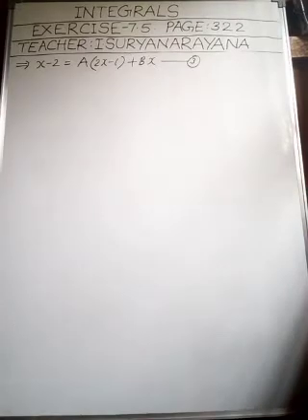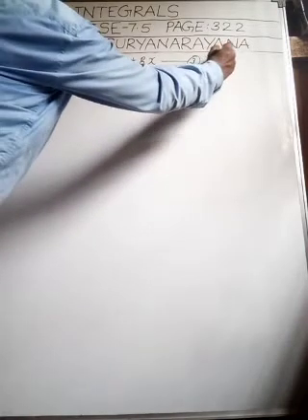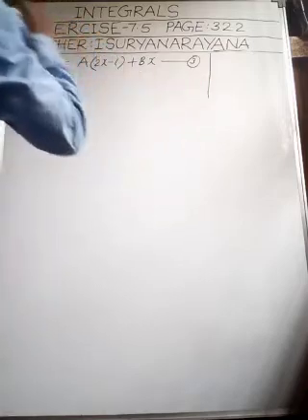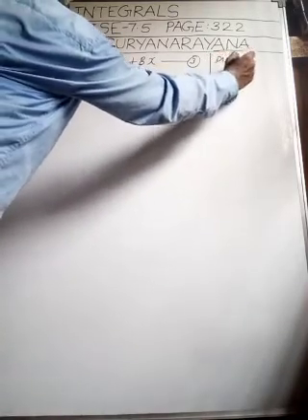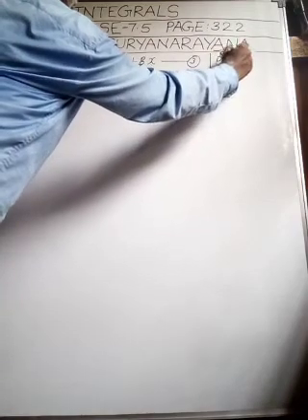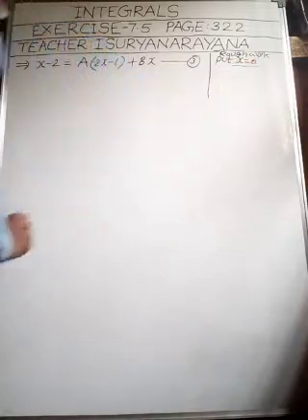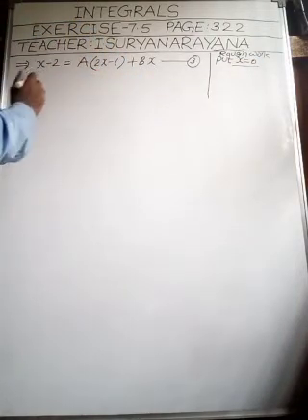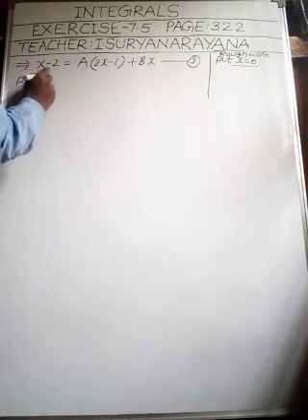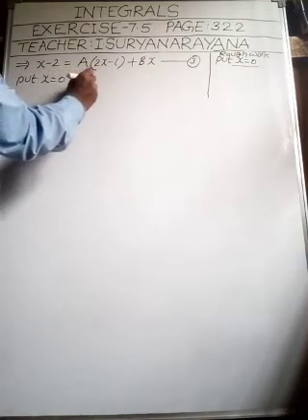Now, what is the first linear factor? x, isn't it, my children? So, put x is equal to 0. This is rough work. Directly we got the x value. So, put x is equal to 0 in this equation 3.